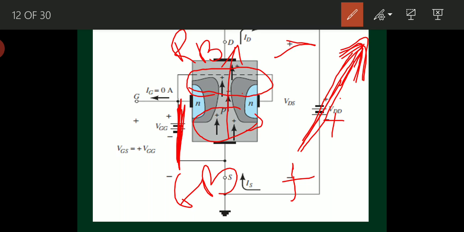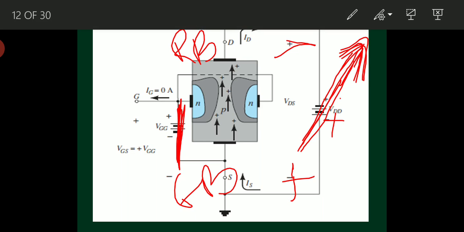At one point, what will happen? If I go on increasing this voltage VDD, the depletion region near the drain terminal will increase much more.